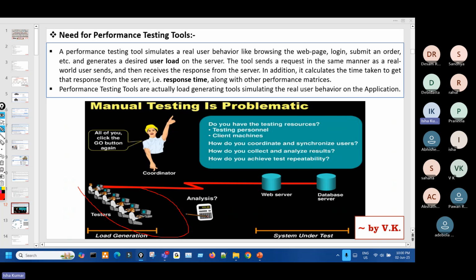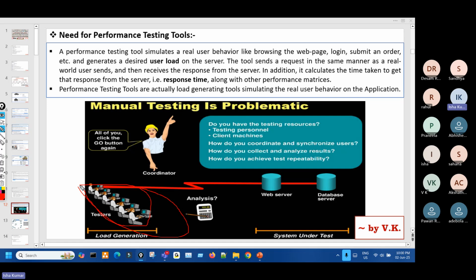From where will you bring them? You cannot ask them, okay, all of you sit at the same time and start doing something on my application, and then I'll observe the response time and other behavior. It's not feasible. So that's why we need the tool to get it done before the consumer. You know what the consumer is?